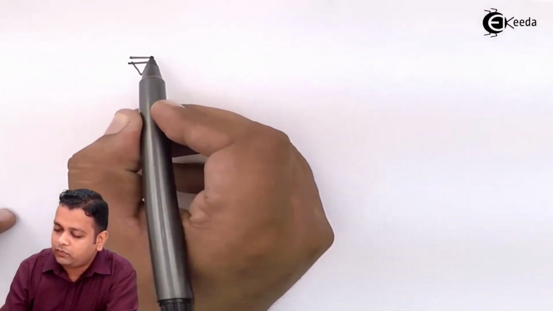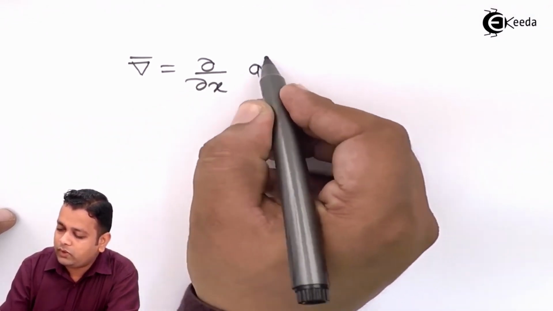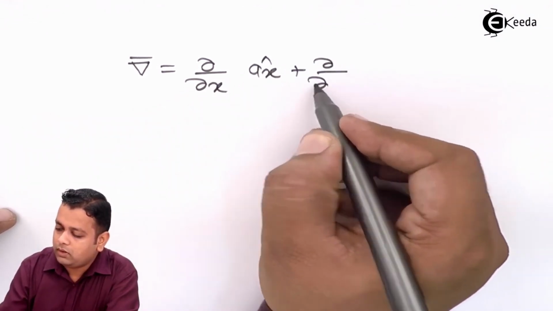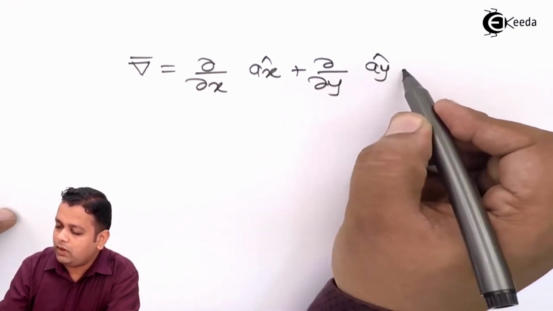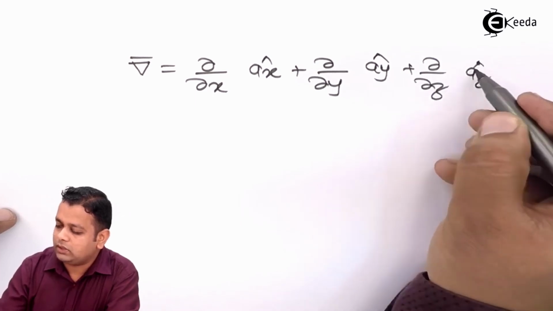As we know, the del operator has the form del/del x ax cap, del/del y ay cap, del/del z az cap.